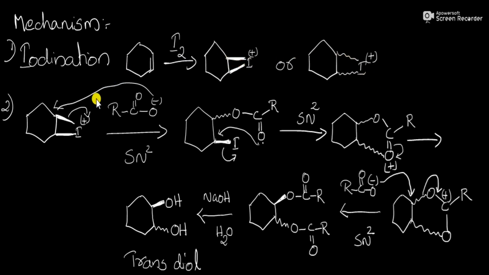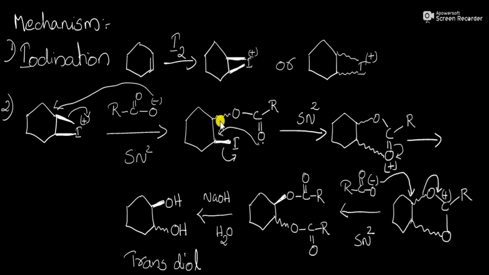Then in second step, iodonium ion undergoes SN2 reaction with the carboxylate anion. So here we consider iodonium ion in the upper phase. Then obviously the nucleophile will attack through lower phase because this reaction follows SN2 mechanism.